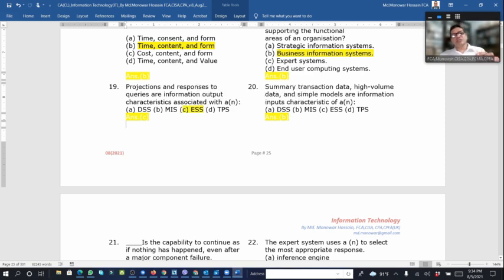So projections and response to the query are output characteristics associated with expert support system. And summary transaction data, high volume data, and simple model are information input characteristics of MIS, Management Information System.